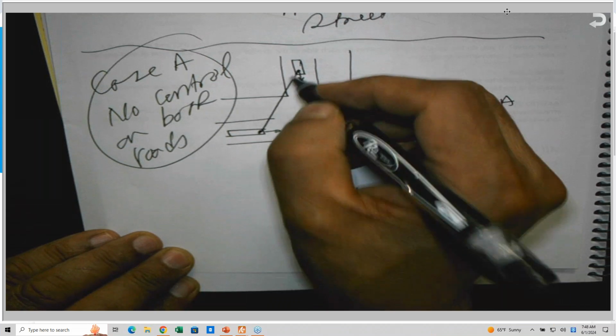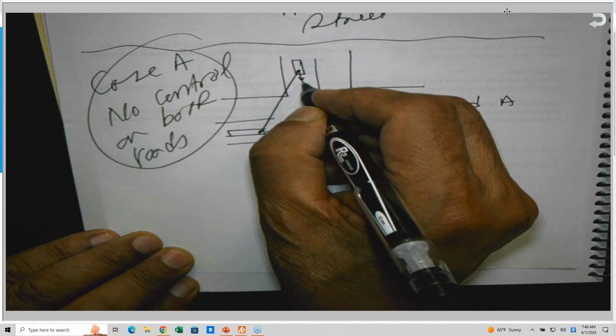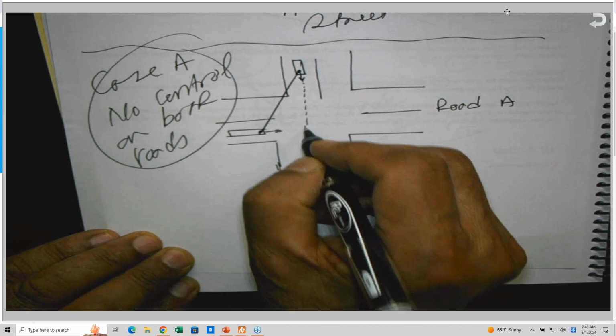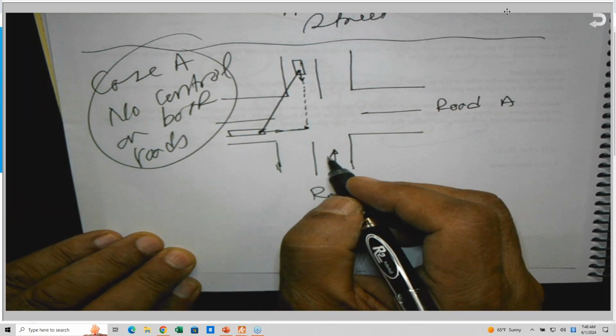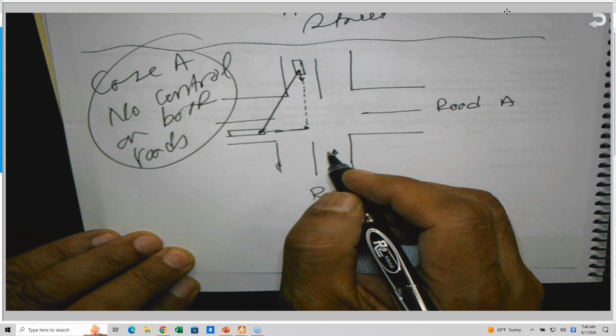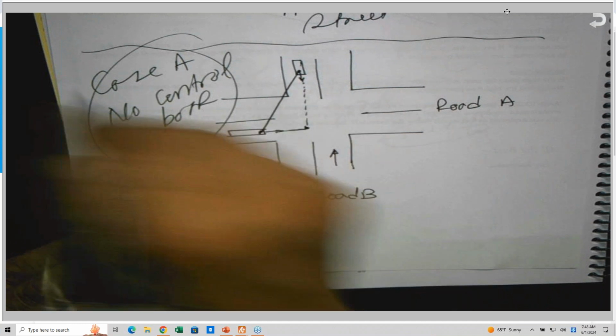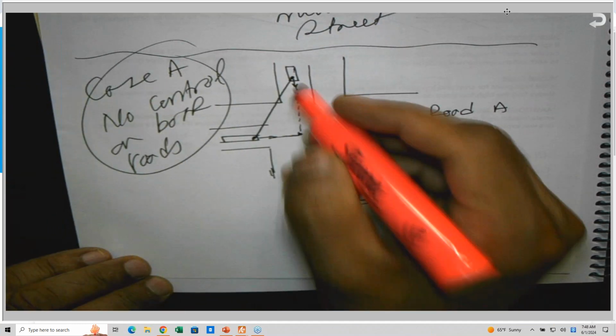Each driver is looking at the other driver, because our objective is to prevent these two vehicles from intersecting here, which is the conflict point or the crash point. So what they did, they took this triangle outside. This triangle has been taken outside.